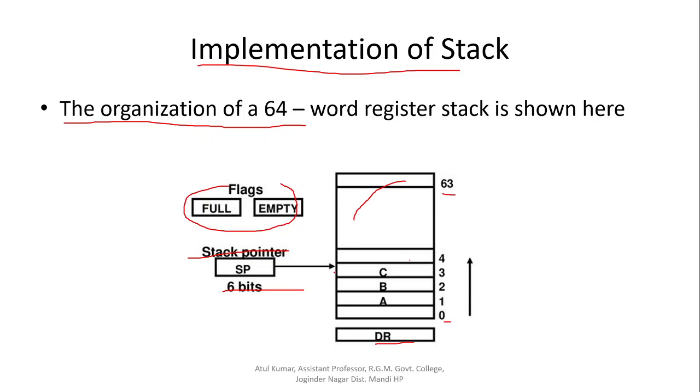There is also a stack pointer that is of 6 bits in this implementation of stack, and it points to the top position of the stack where the last element is inserted. Why is this one of 6 bits? Because the size of the stack here is 64, and 64 means 2 raised to power 6.